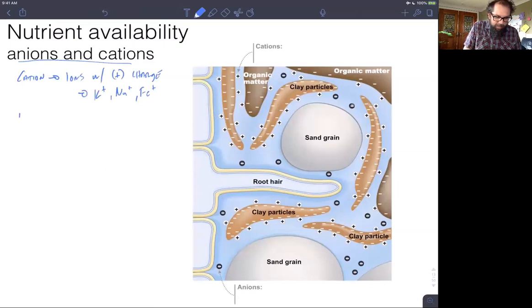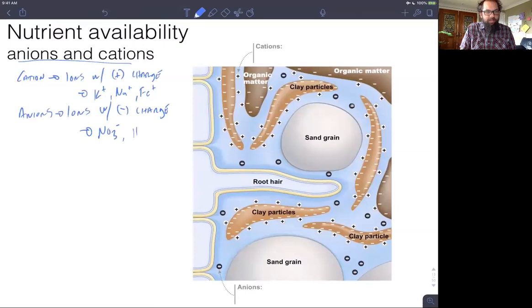And then anions, in contrast, are ions with a negative charge. That would include important ions like nitrogen, which is often found as nitrates, phosphorus, which is often found as phosphates, and chlorine as another example of an essential micronutrient that's found in the soils.